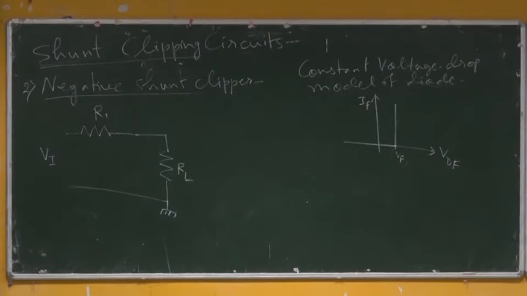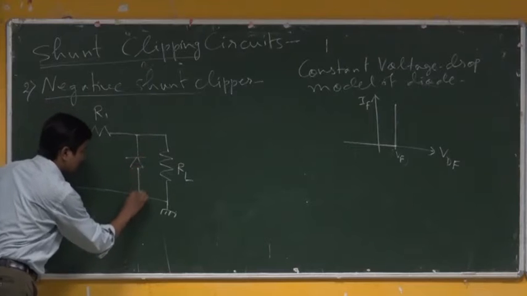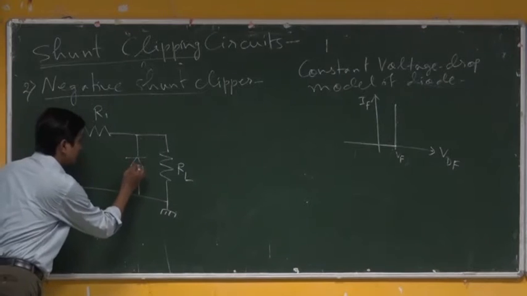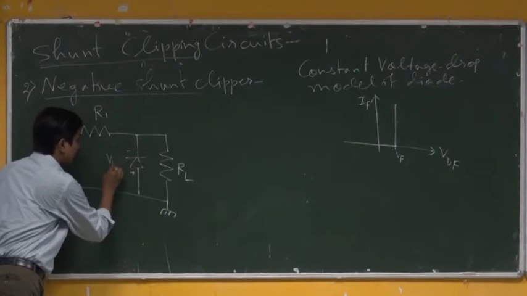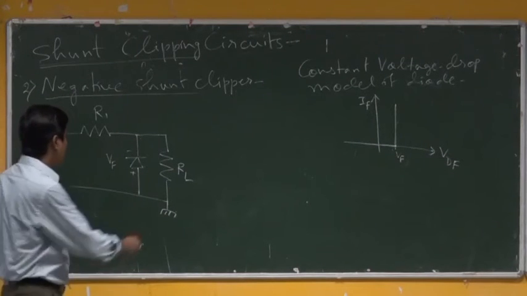The circuit is exactly the same, only the other way things should work. So, I will reverse the diode. What is the voltage I will consider here? Vf if it conducts. If it does not conduct, then this is open.